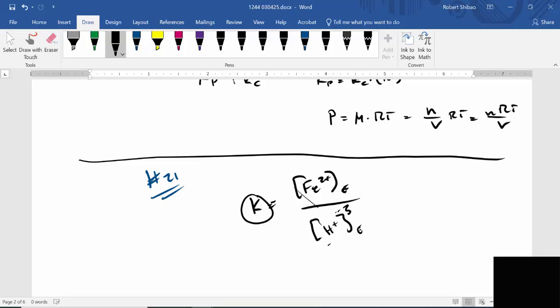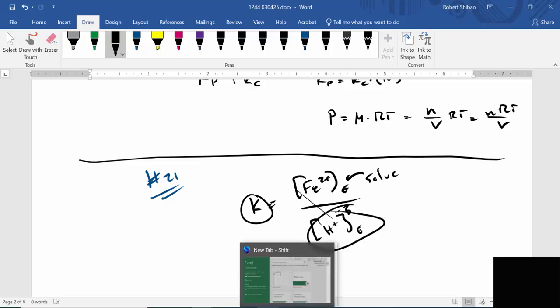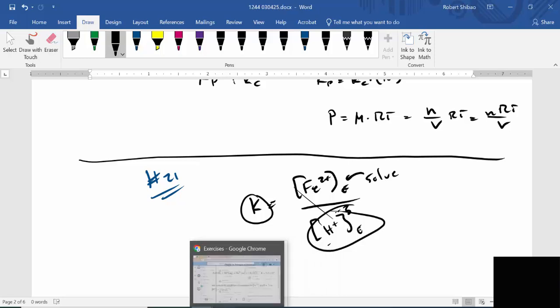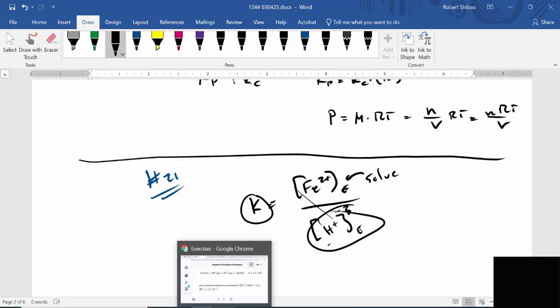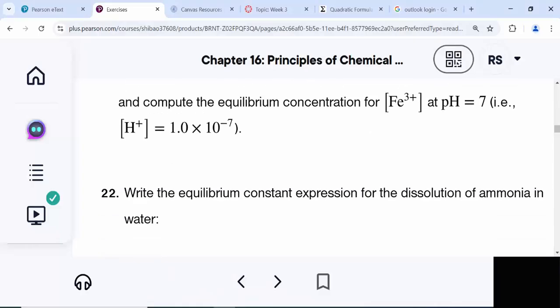We're given K and we're given the H plus, and so we just solve for this. So we didn't even need an ice table because we already have the equilibrium. Ice table, you can still use for this. It's a good idea to do an ice table for all the problems, especially when you're learning, but we could have saved a little bit of time here.